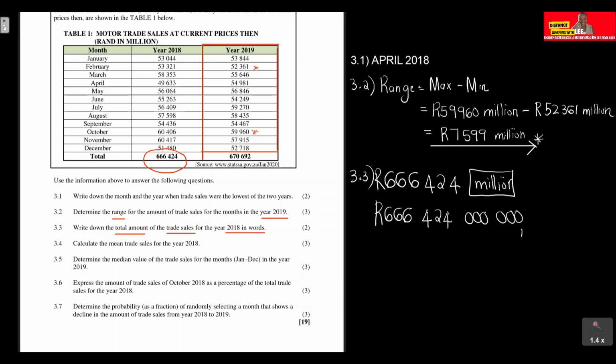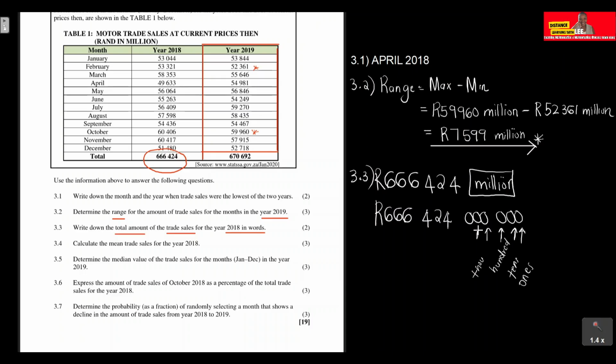This value here represents the ones. This value represents the tens. The digit in this place value represents the hundreds. This digit represents the thousands.